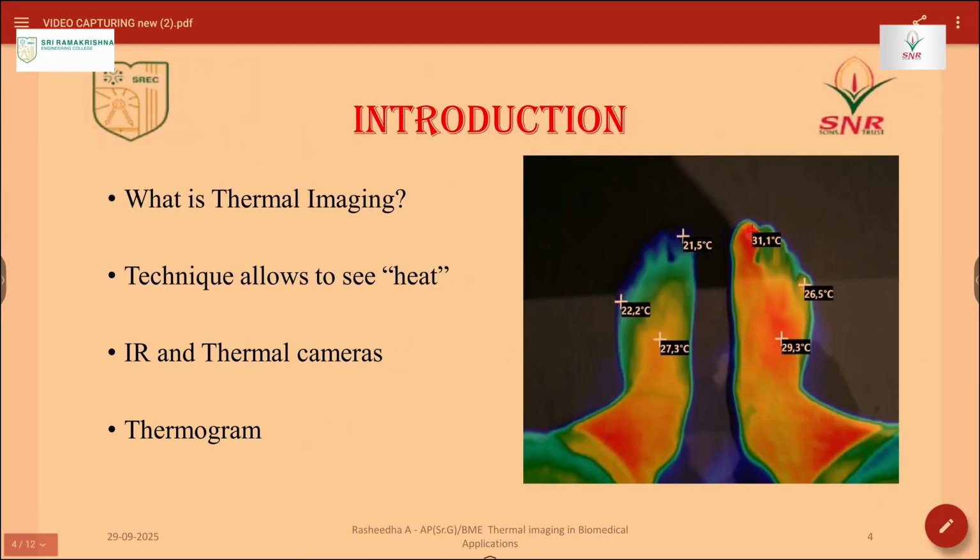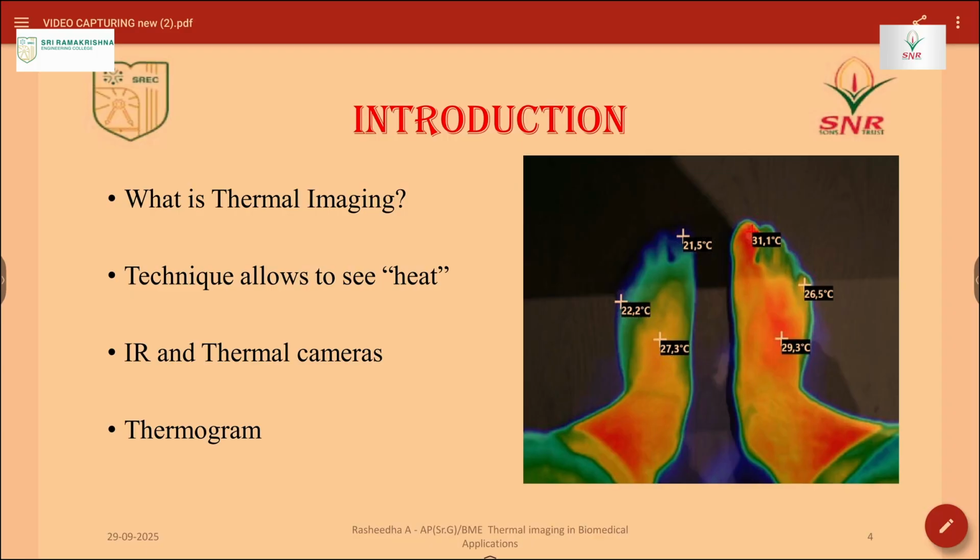In continuation with the introduction, we are going to see what is meant by thermal imaging. It is a technique which allows you to see the heat patterns, as you are seeing in the image right now. They are captured by high resolution infrared cameras and converted into color coded visible images, which are described as your thermogram.